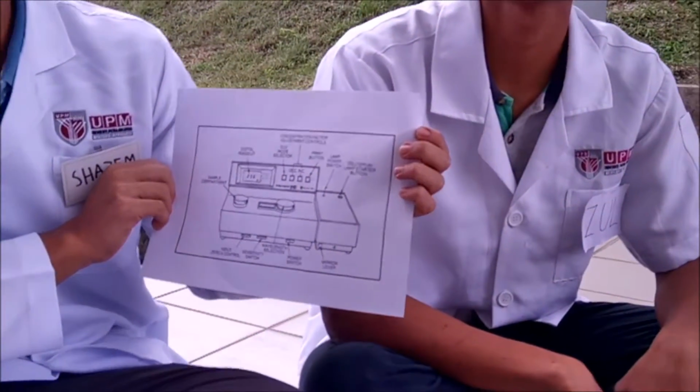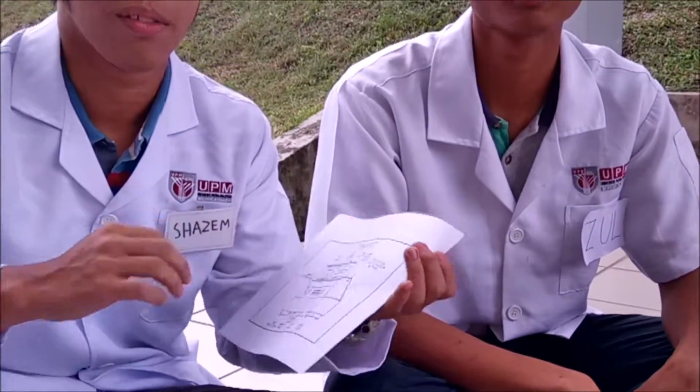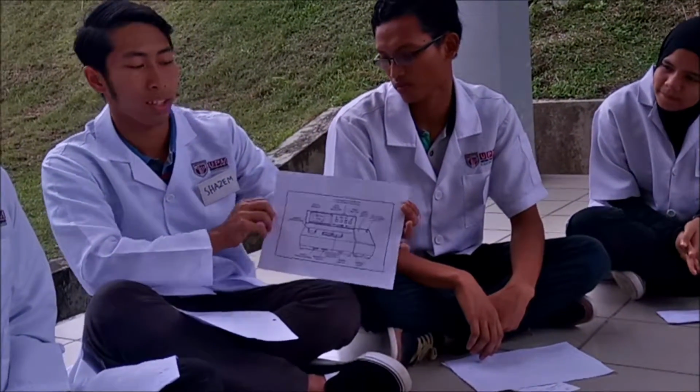The UV-visible will show the light with the range of ultraviolet and visible light, while the IR spectrophotometer has the range of infrared light. And the fourth one is the concentration factor adjustment control.